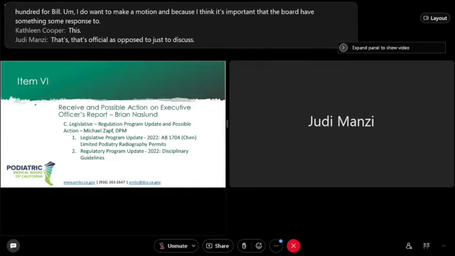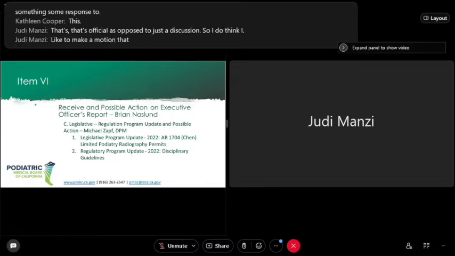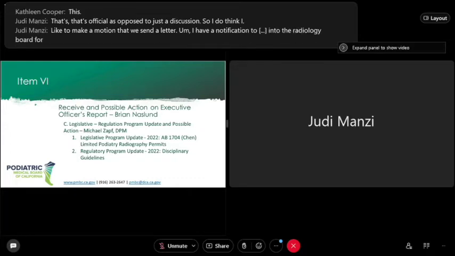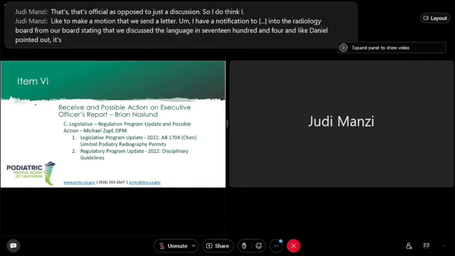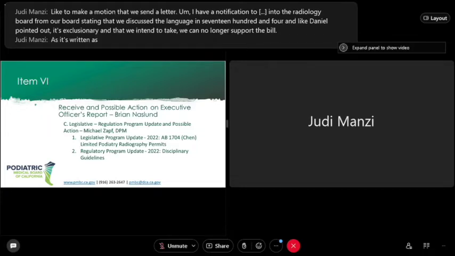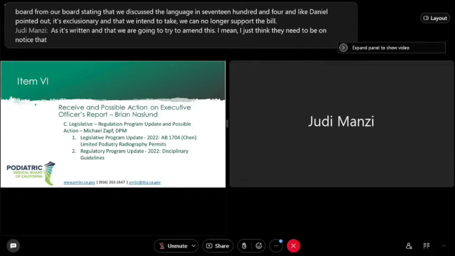I would like to make a motion that we send a letter or notification to CPMA and to the radiology board from our board stating that we discussed the language in 1704, and like Daniel pointed out, it's exclusionary, and that we can no longer support the bill as it's written, and that we are going to try to amend this. I just think they need to be on notice that we did take an action.